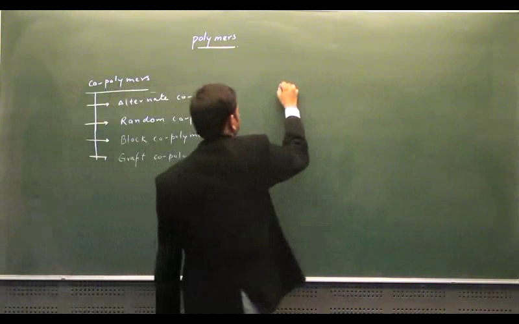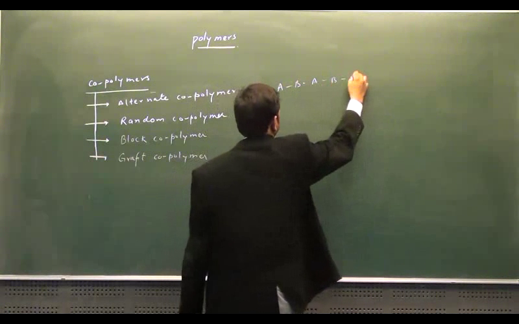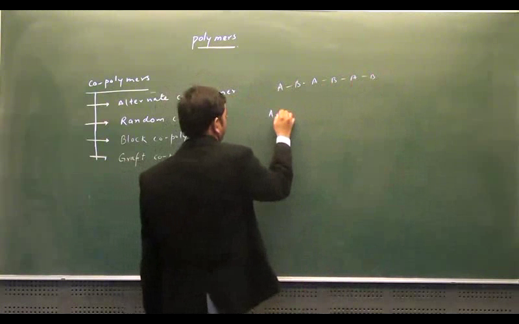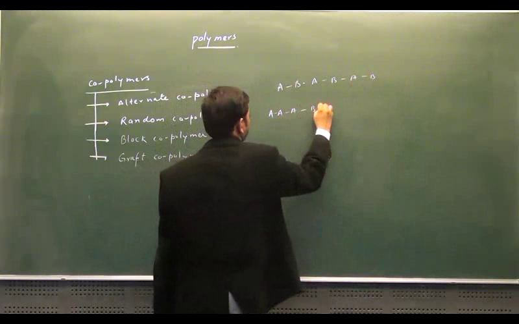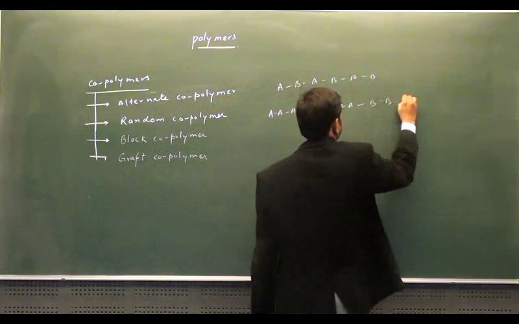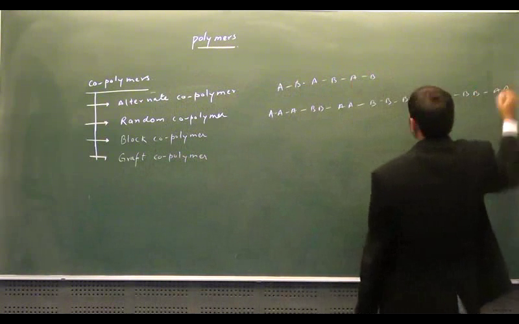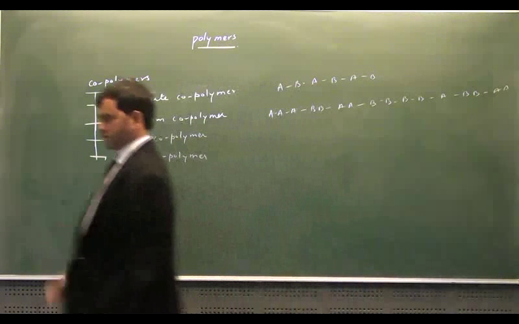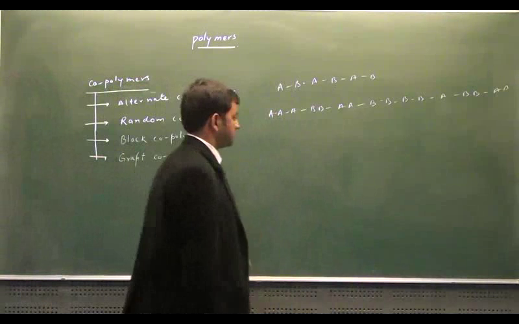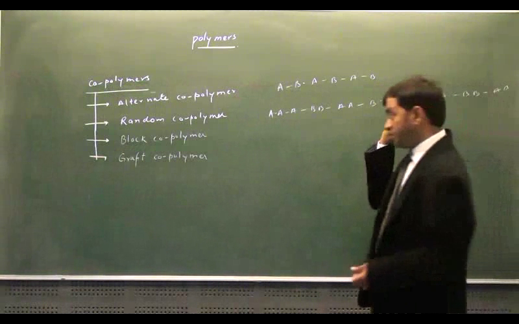Alternate copolymer: suppose A and B are two different units, then A, then B, then A, then B, and so on. Random copolymer: A, B, B, A, B, B, B, B, A, B, B, A, randomly arranged.